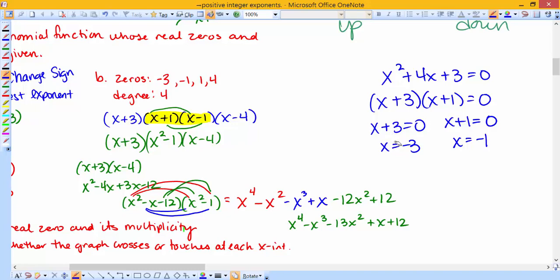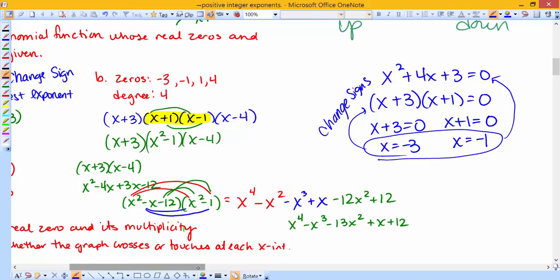So what you are being asked to do in this example is, if you're given the solutions, if you're given the zeros, those x-intercepts, you need to write the original polynomial function in standard form. So we have to know that when we're going backwards, to put them back in parentheses, we must change the signs.